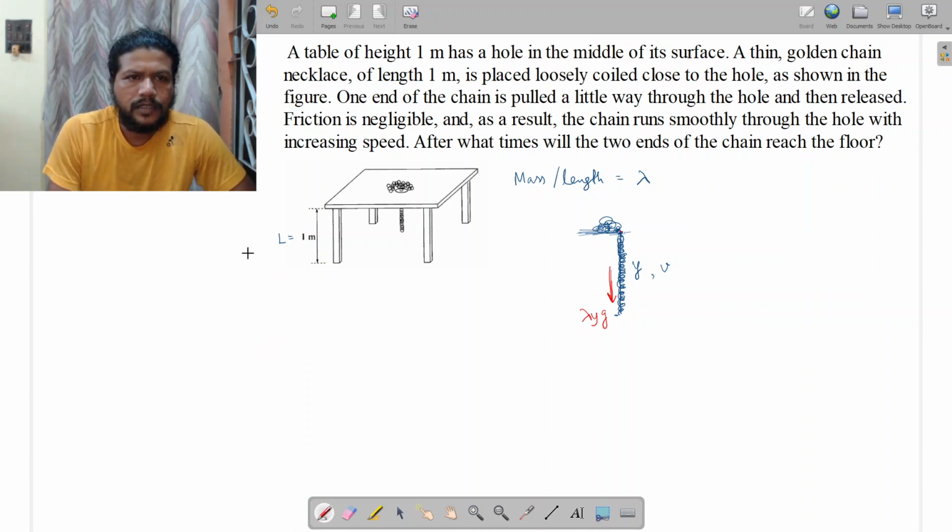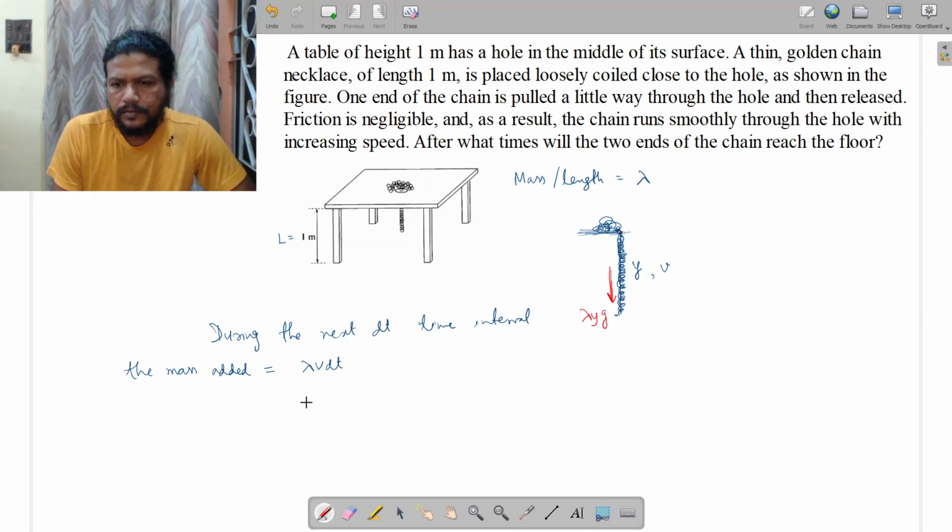The mass added is lambda into v dt, which implies this much extra momentum has been added.